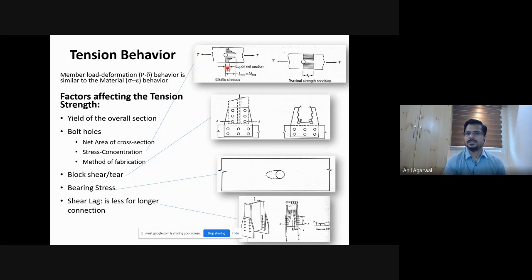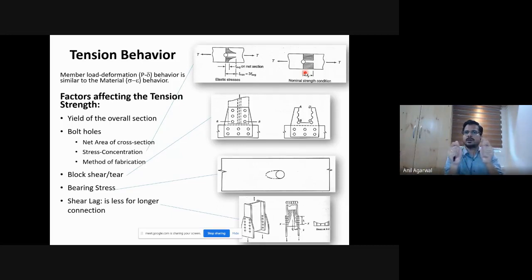When we allow it to yield, the entire cross section goes to yield point, but then still the member has not really failed. Failure is of course within inverted commas, because it is up to us to define what failure means. What happens is that the member becomes flexible for a while, and over that small length, it becomes very easily deformable. That length expands a little bit, but that expansion is not very significant, and overall the member does not become very flexible.